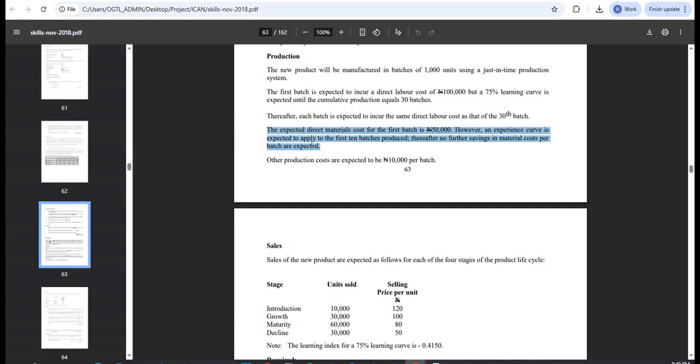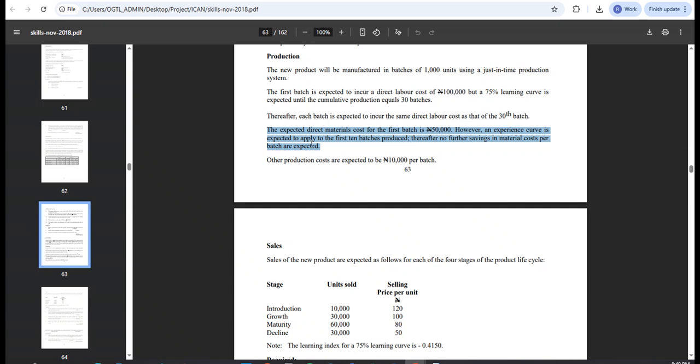Yes, sir. Now, the question is asking you on labor. Some of you will get to the exam and be like, am I using labor or material? Number one, you should know that learning curve is usually on labor.